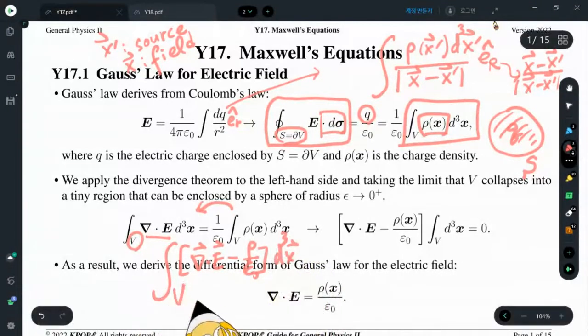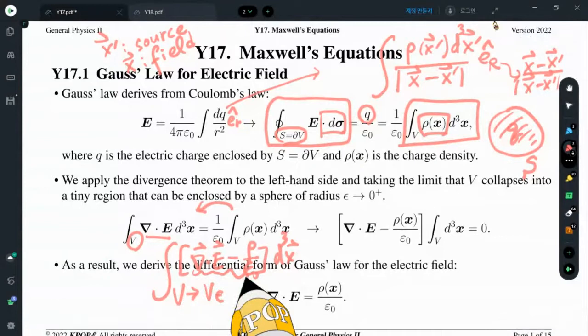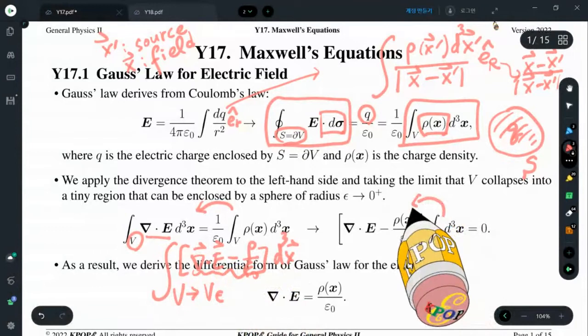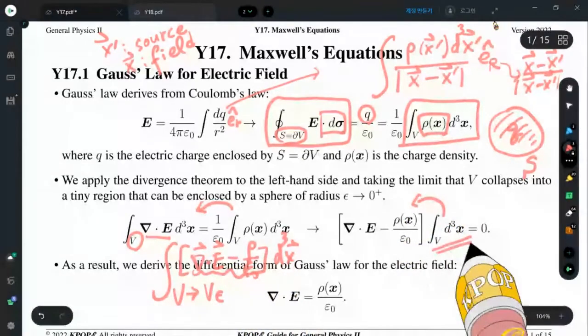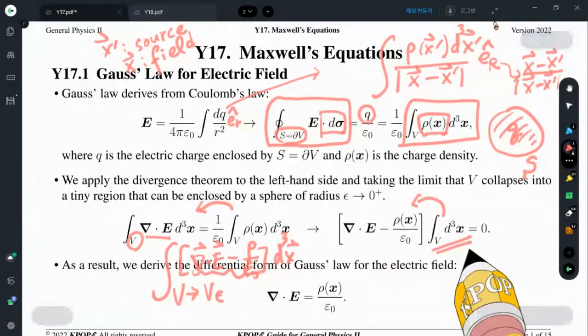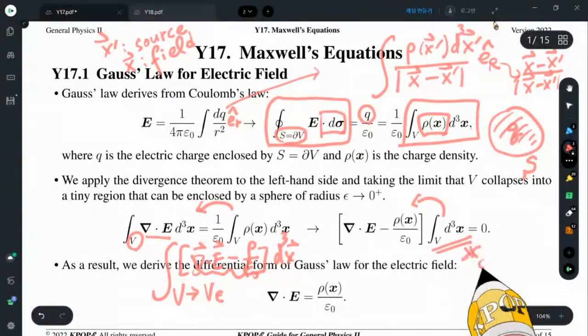If you shrink this volume into a very tiny volume, then the integrand becomes a constant. In that case, we can pull this integrand out of the integral. Still, this volume is vanishingly small, however, it's not equal to zero.